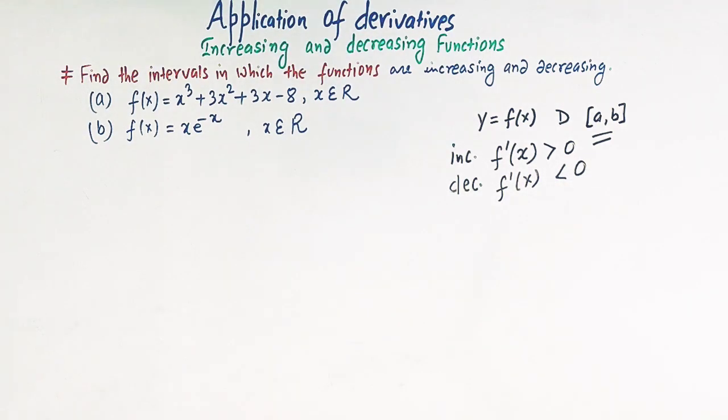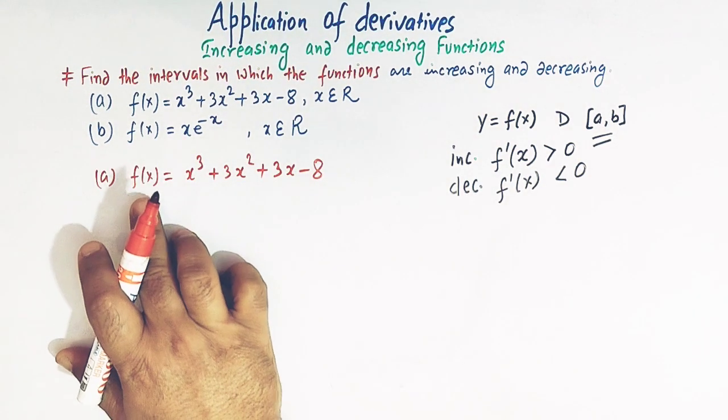So increasing function implies that the slope must be positive. For increasing functions, the slope of the tangent should be positive, and for decreasing functions, the slope of the tangent line should be less than 0.